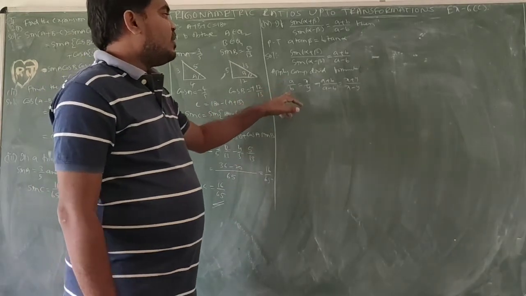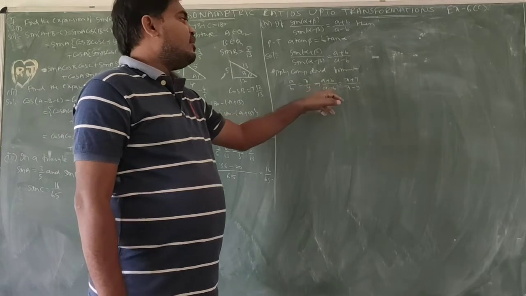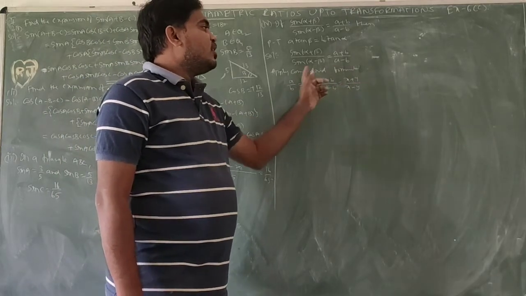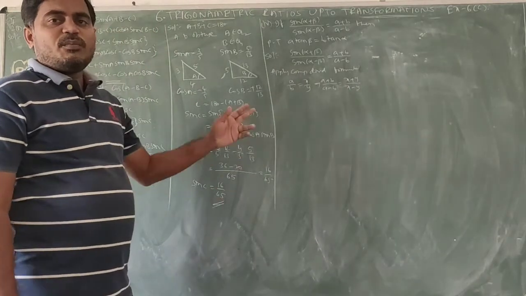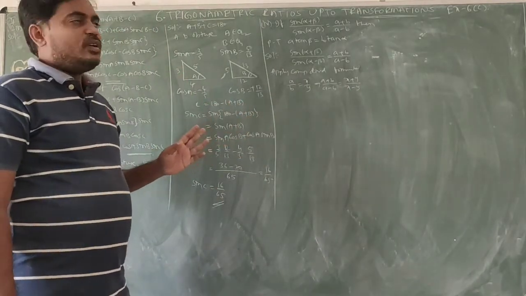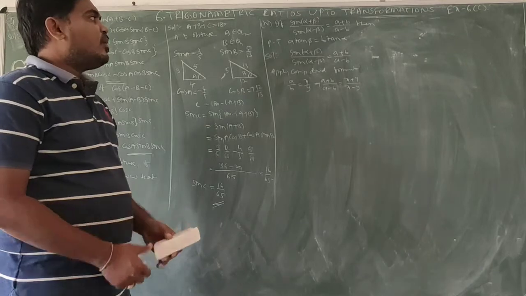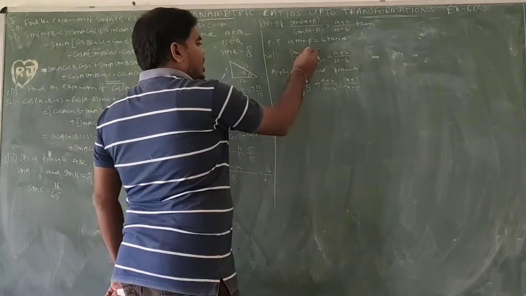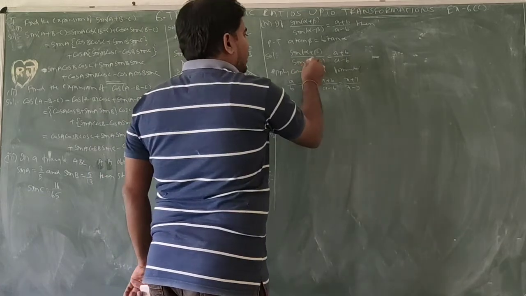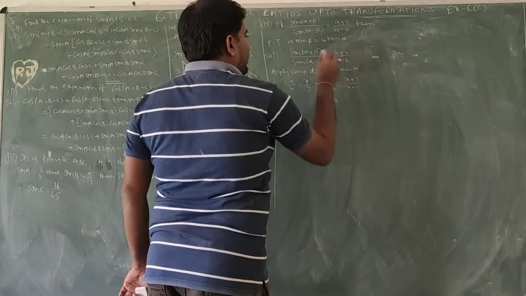So a by b equals x by y implies (a plus b) by (a minus b) equals (x plus y) by (x minus y). This is called the componendo dividendo formula, and it is used in ratios.